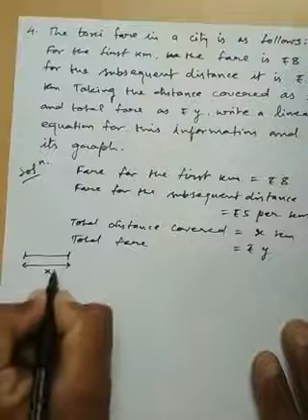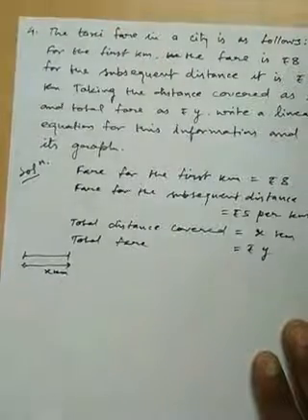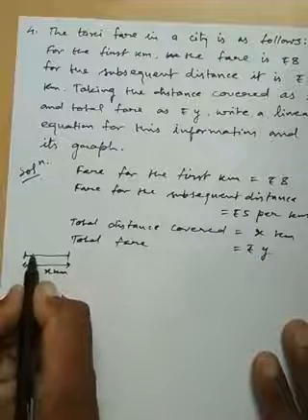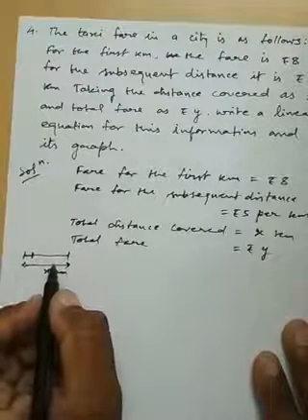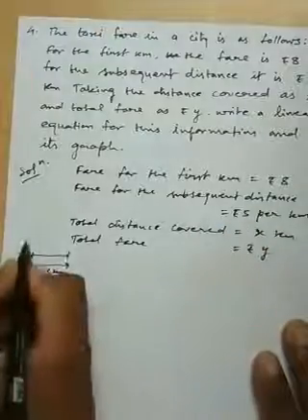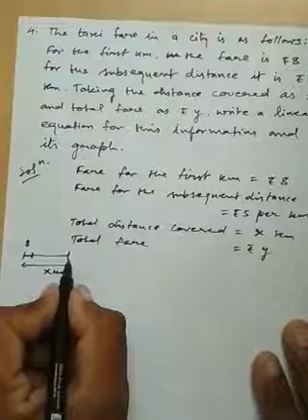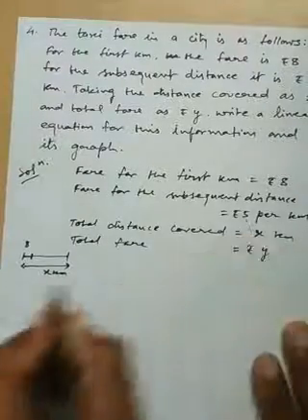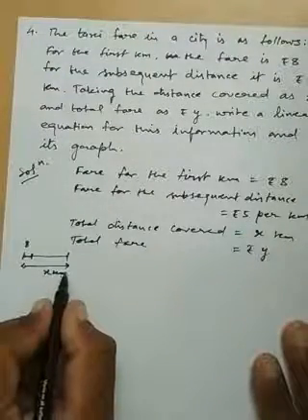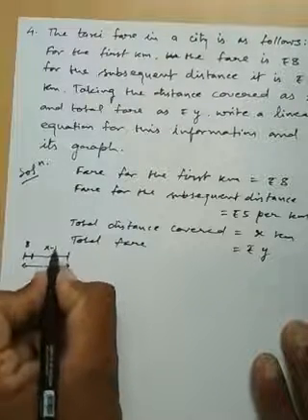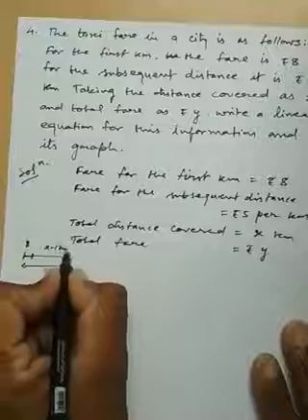For the initial first kilometer we are paying rupees 8, and for every further kilometer rupees 5. This is the first 1 kilometer, then the remaining distance is x minus 1 kilometer.